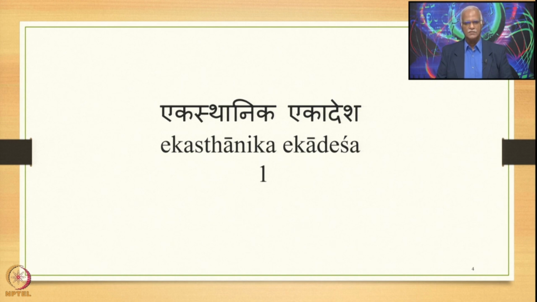What this means is that there is one substitute, eka adesha, in place of one substituent, ekasthanika ekadesha, and we noted that there are two instances of this type of sandhi.